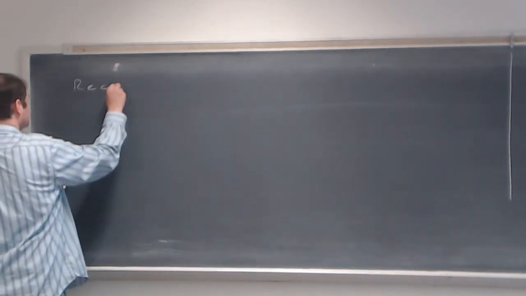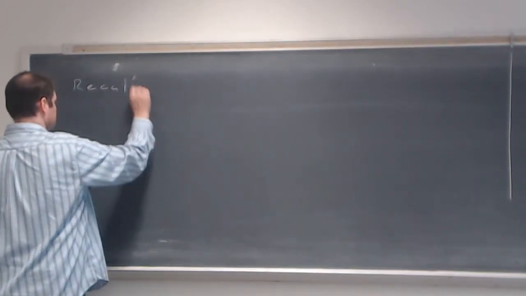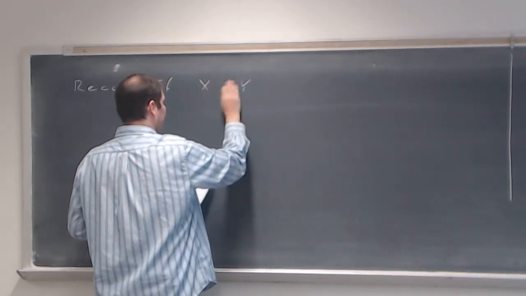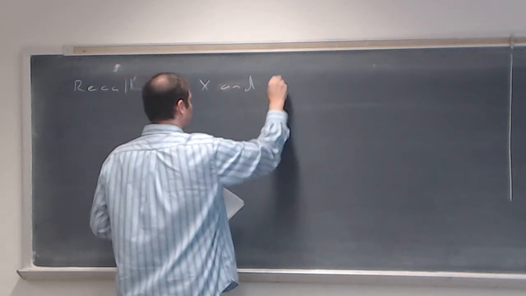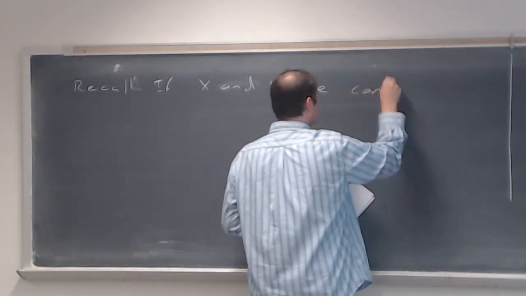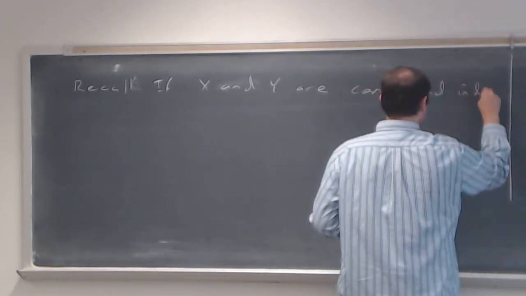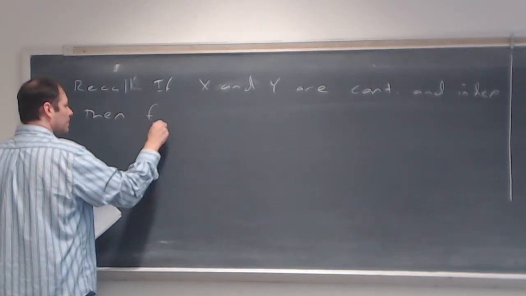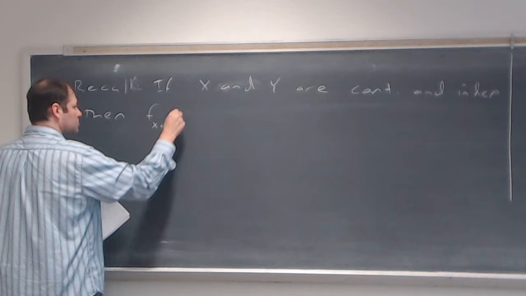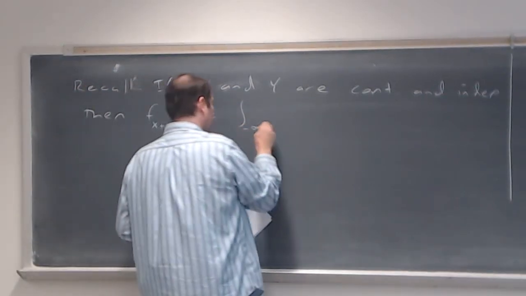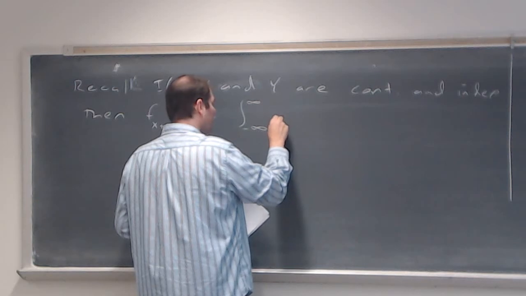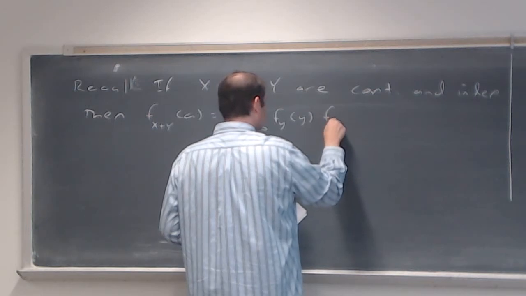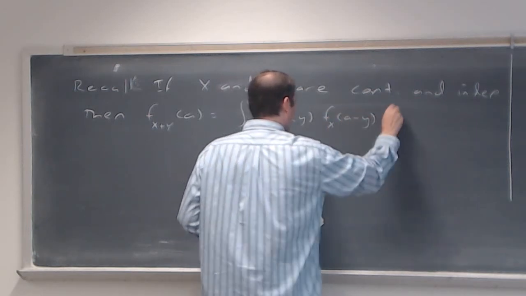So let's recall, if x and y are continuous and independent, then what we had was the PDF of x plus y evaluated at a is equal to the integral from minus infinity to infinity of f sub y of y times f sub x of a minus y dy.